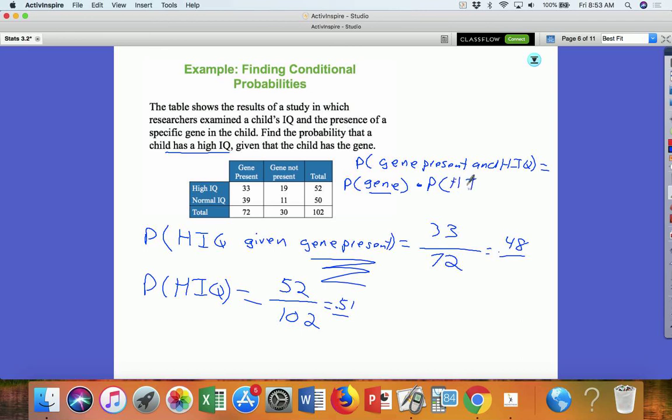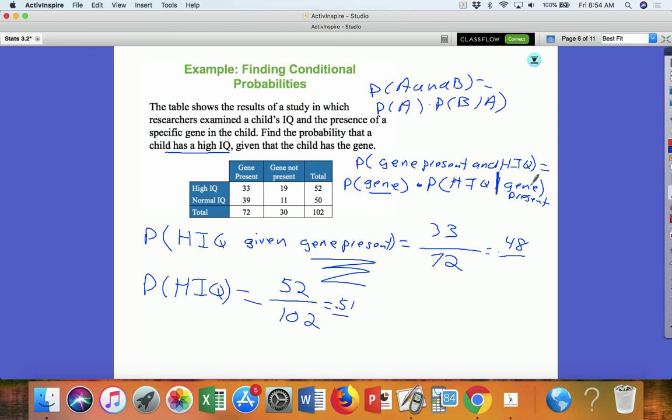High IQ given gene present. I'm abbreviating here a little bit. What does that symbol mean? That means given. So again, the probability of A and B is the probability of the first one times the probability of the second one, given that the first has occurred. That's how you organize it: it's going to be A, B given A, gene, high IQ given gene.